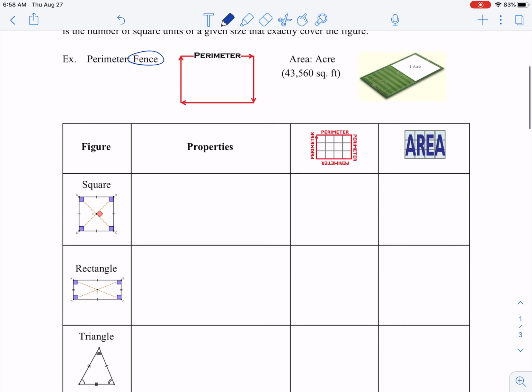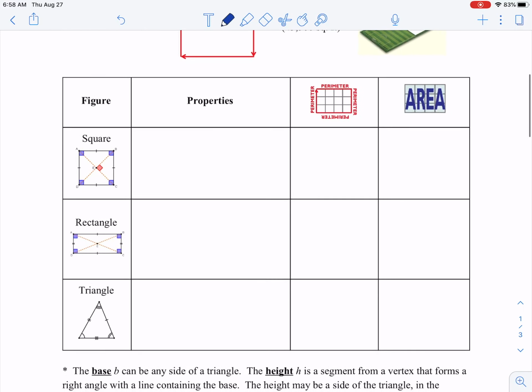Let's start with some of our basic figures, list some properties and how we would find the perimeter and area of each of these figures. So these are all plane figures, two-dimensional, a square and a rectangle, 4 sides, two-dimensional, 2D meaning flat.